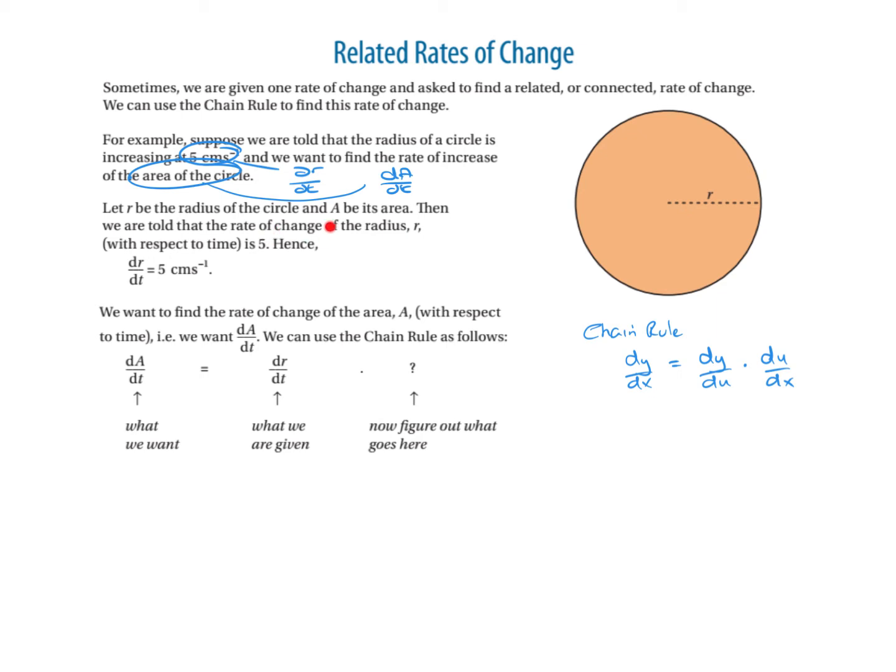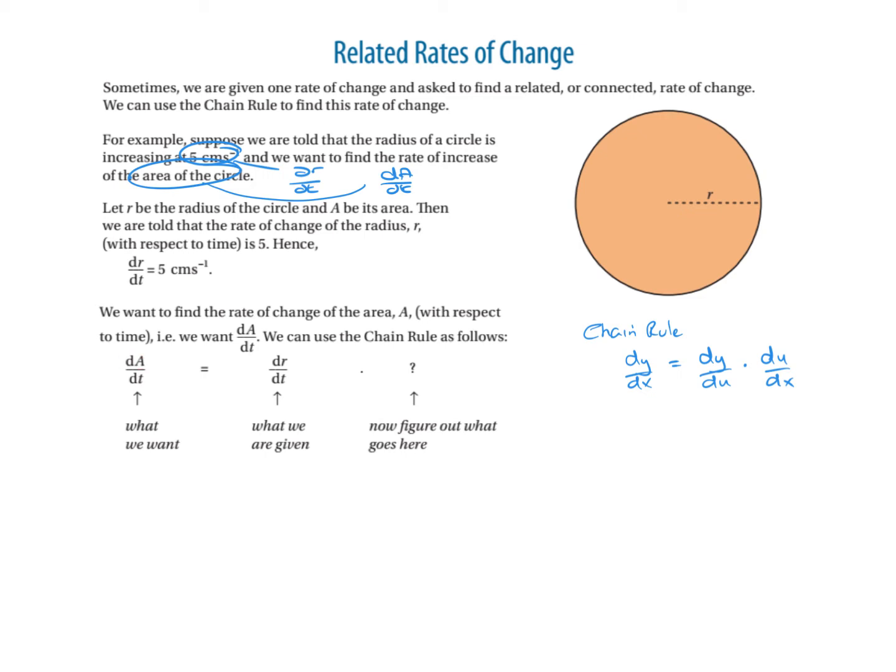Then we are told that the rate of the change of the radius r with respect to time is 5. So we now know that dr/dt is equal to 5, which is what I just stated up here. What we want to do though is work out the rate of change of the area. And again, because we're not told anything else, we assume it's with respect to time. We want to find dA/dt.